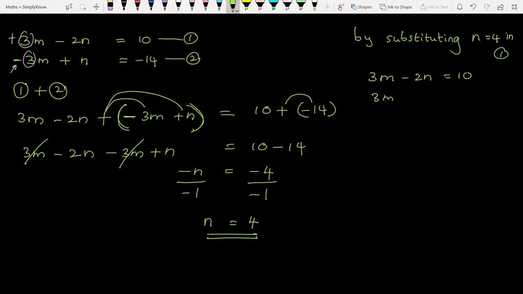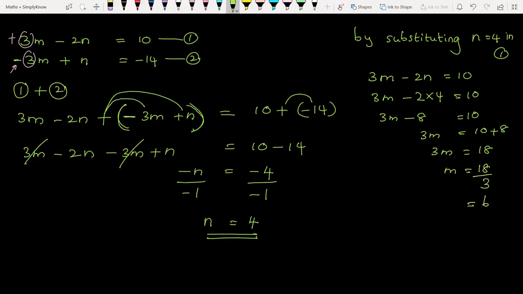So 3m minus 2 times 4 equals 10. 3m minus 8 equals 10. Then 3m equals 10 plus 8. And this will become 18. 3m equals 18. So m equals 18 divided by 3, which is 6. m equals 6.